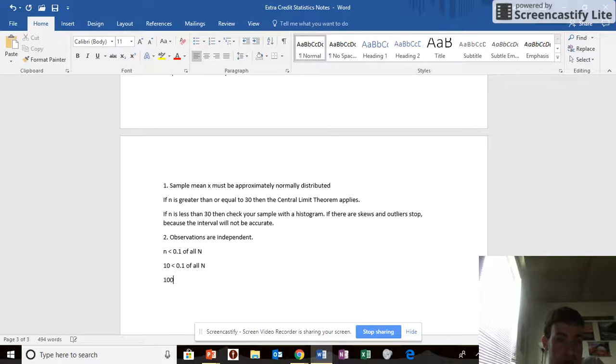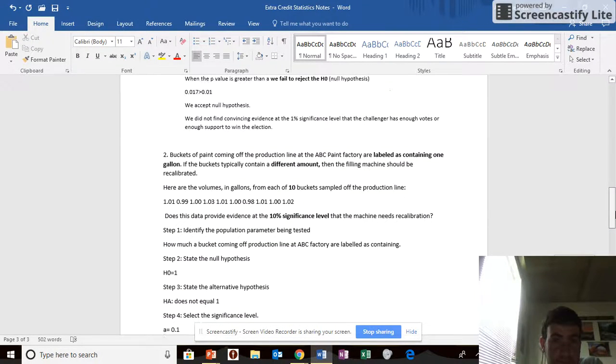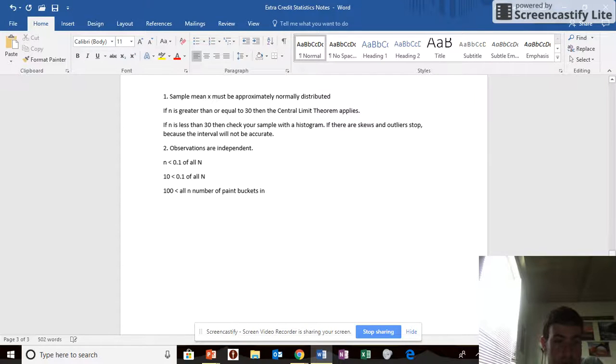Multiply each side by 10: is 100 less than or equal to all N, the number of paint buckets filled in ABC Paint Factory? And we can assume that they are, especially if it's a larger factory. And even if it's not, we'll just have to assume that it is.